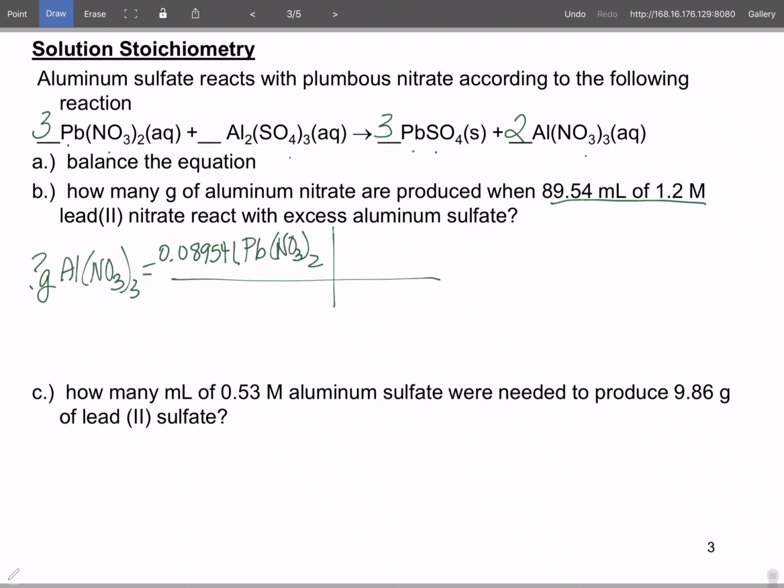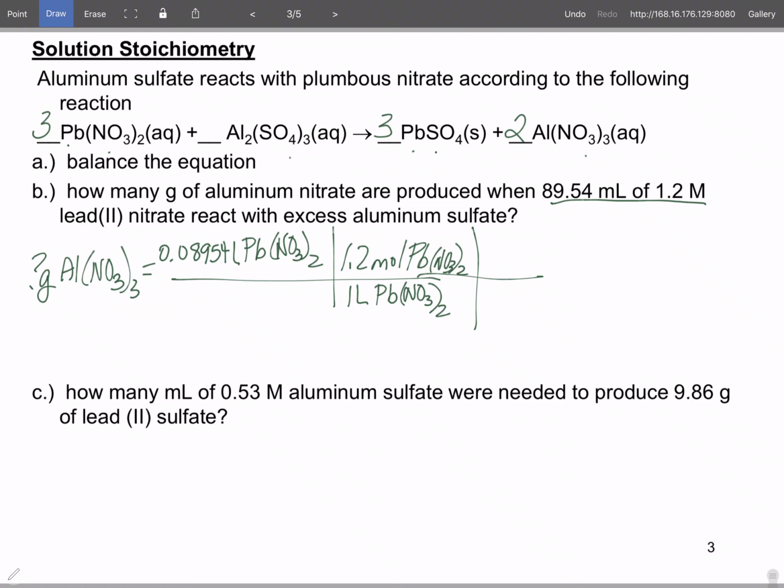So we have to go through the equation, which means we have to get to moles. Well, what relates moles to volume? Because this is in liters, molarity. So 1 liter of lead nitrate goes on the bottom, and 1.2 moles of lead nitrate goes on the top.